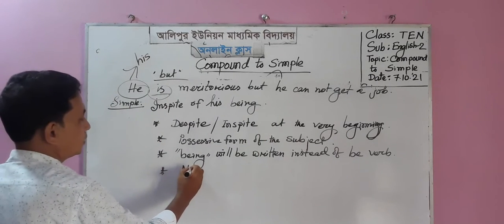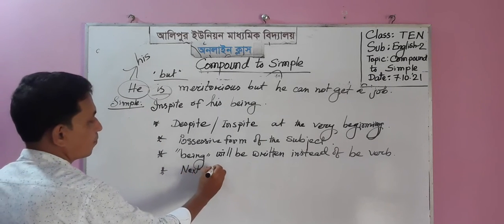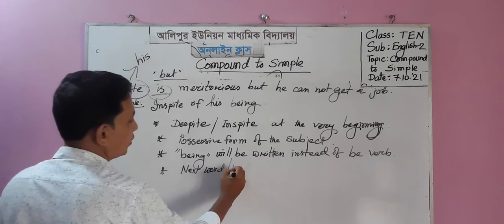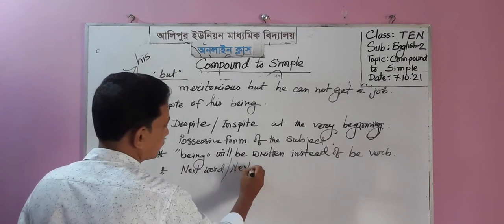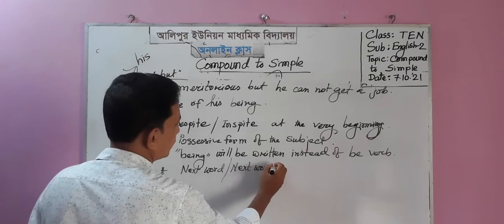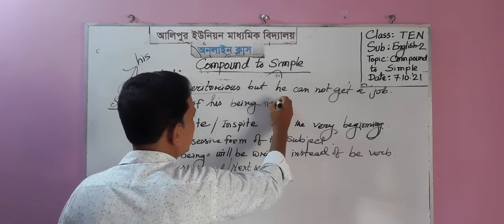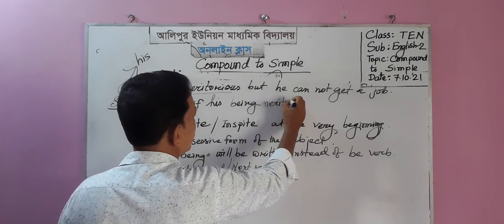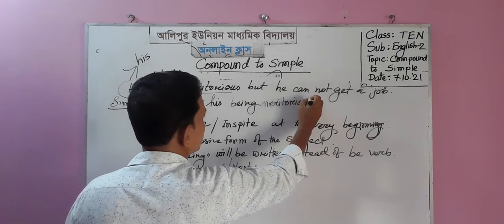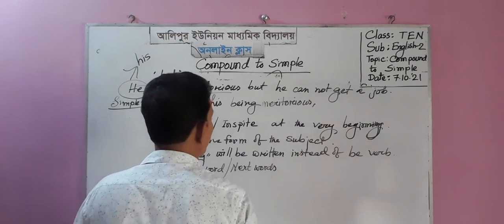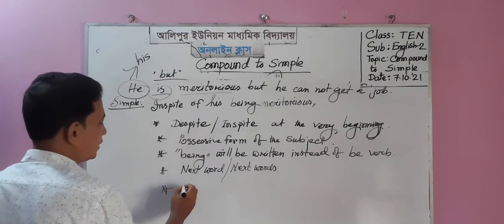And next word. The next word is meritorious. So we may write here meritorious, comma, but will be discarded.